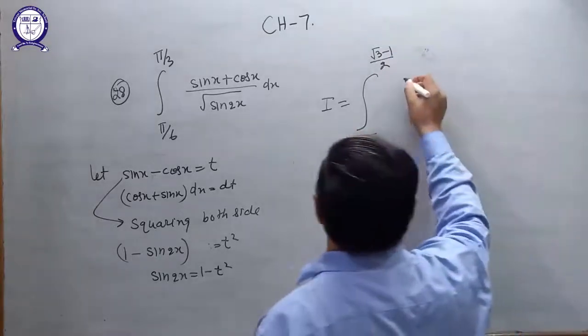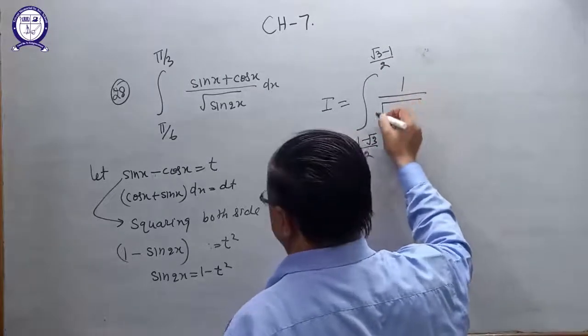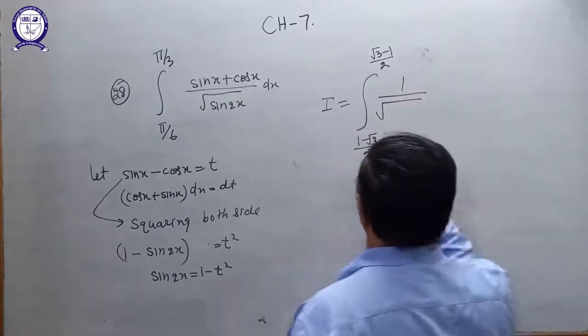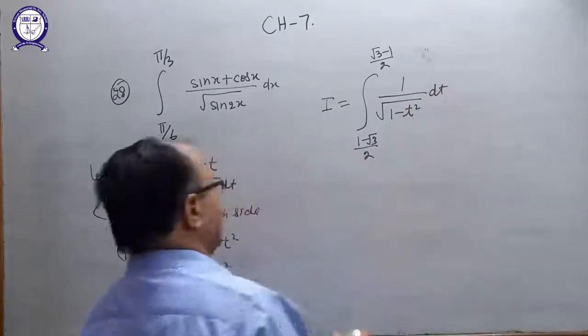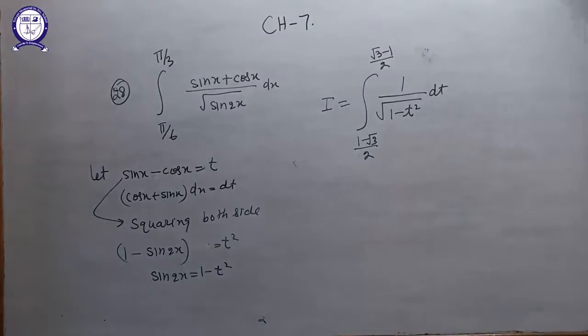Correct. 1 upon root, put the value of sin 2x, 1 minus t square, and in place of sin x plus cos x dx, you can write dt, and the limit will be changed.